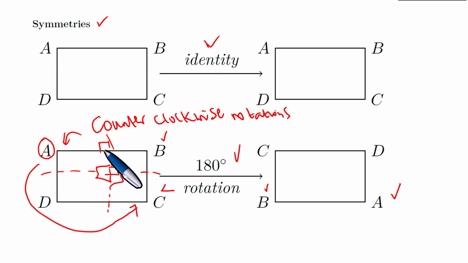This angle is 90 degrees here. If you rotate through 90, you just look at a part of this rectangle, maybe this part here and this vertical line. If you rotate it about the origin, this is going to move here. So this A is going to be sitting there.